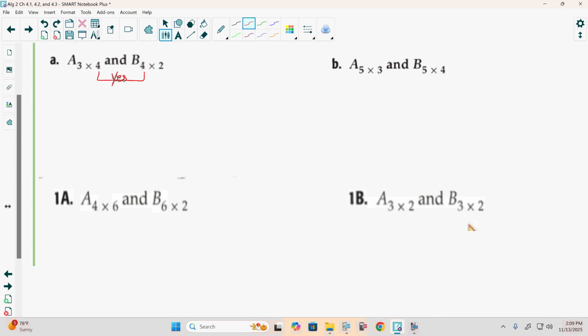So this tells us, yes, we can multiply these two together. When columns of the first match the rows of the second, we can multiply. The rows of the first and columns of the second tell us our new dimensions.